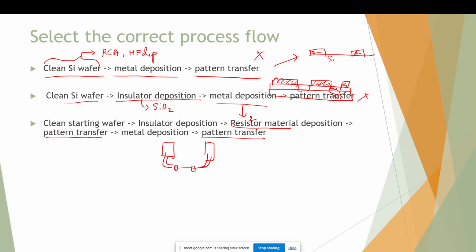So I have this silicon, then oxide, so it will not deposit on silicon anyways. Every part of silicon is covered with oxide. Then I have this resistor material at some places, right? So if I just directly put the metal on this, it will also overlap with the resistor wires.